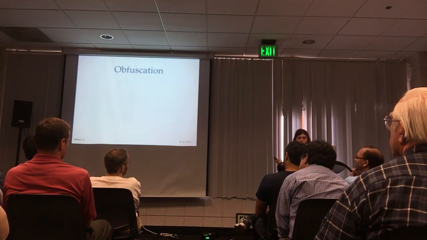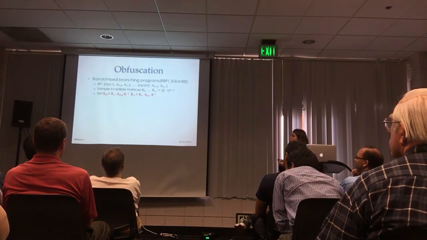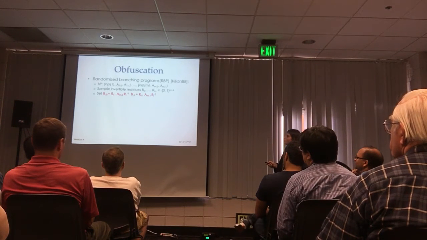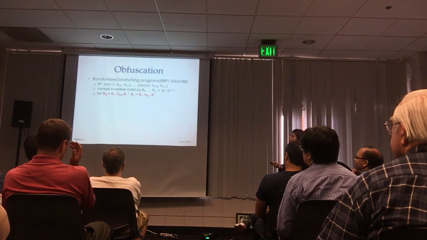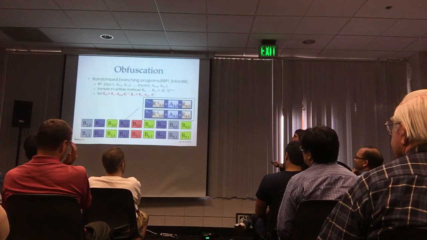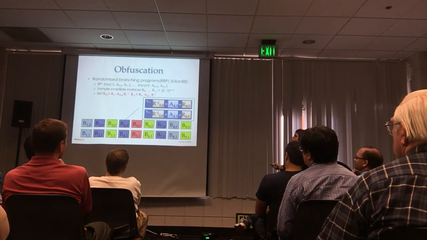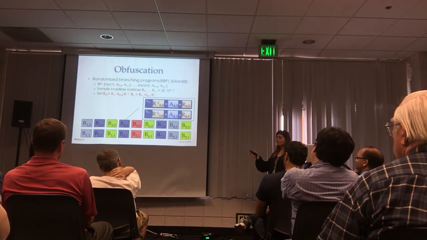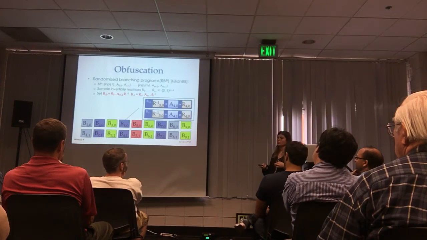So the next step, as Amit was mentioning, is to have this re-randomization procedure, which was introduced by Kilian, where what you basically do is select a few invertible matrices R0 to Rn, and attach them on both sides of your initial matrices in the branching program. So you multiply by the inverse and by the next randomizing matrix. And what this enforces is the order in which you can be multiplying your branching program.